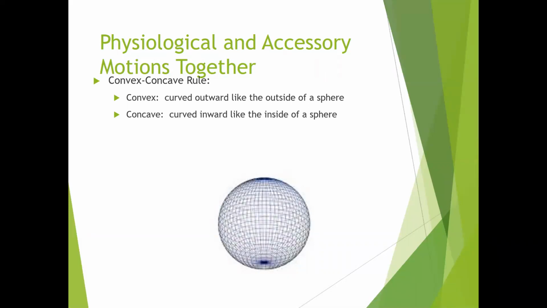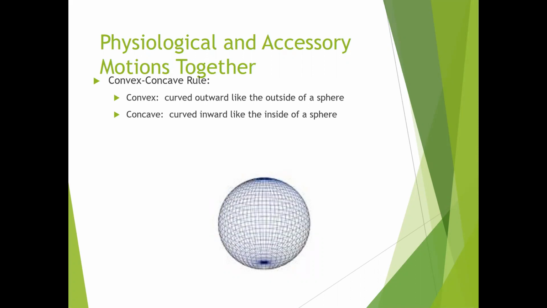What's going on? So, convex versus concave rule. Think of it kind of like a sphere to start, and then we'll break it down a little bit more in a second. I also have a video for this because it's helpful to see it in animation. Trust me, it helped me a lot just to see that, and I replayed the video 1,000 times over. So convex: curved outward like the outside of a sphere.